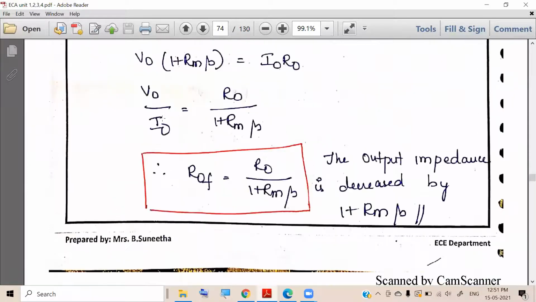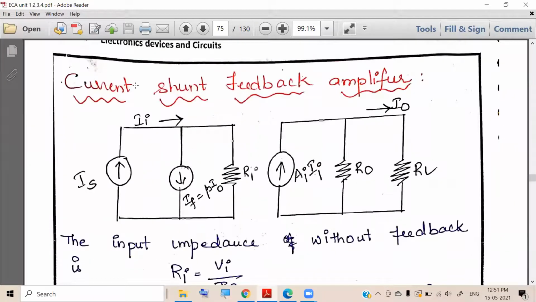Current means we are doing, at the output side, we have series connection, input side shunt connection. So what will happen to output resistance? Will it increase or decrease? Yes, please answer.